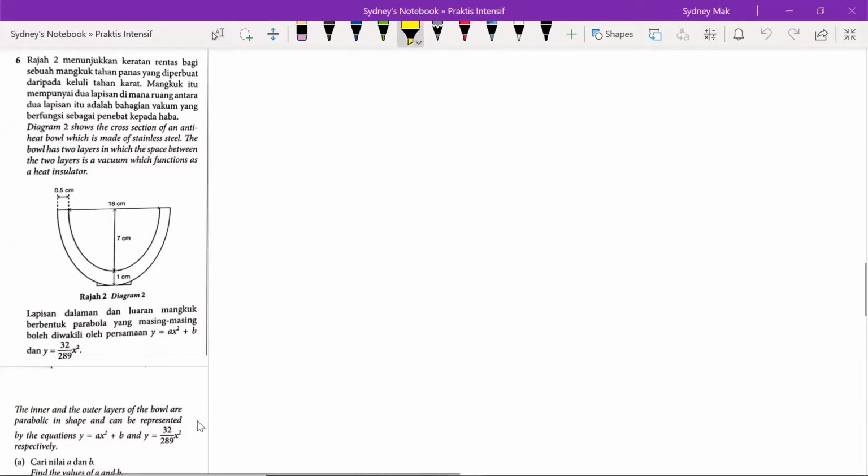Now, let's look at the outer layer. The function given is y equals 32 over 289 x squared. There is no y-intercept here, so we know that this parabolic graph passes through the origin. So let's just transfer this curve onto the Cartesian plane.